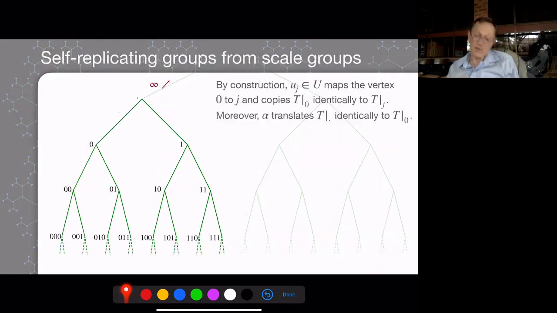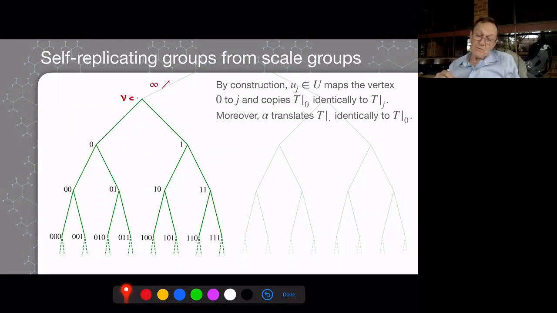So that's what we have now in this picture. We're now labeling the vertices below our original vertex v. I'm now using a dot, and sometimes we could use an empty set to label that vertex. But then all the vertices below that in this rooted tree are labeled by strings.